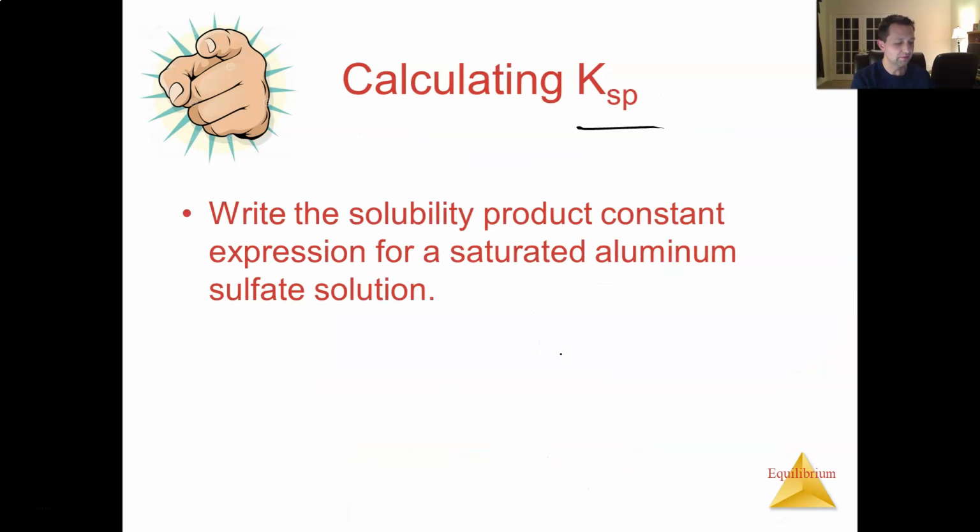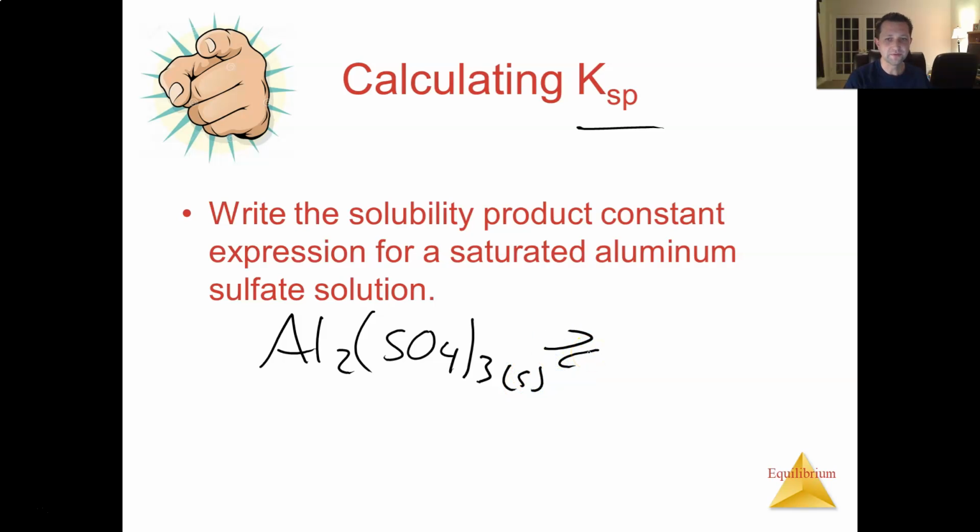Okay. Aluminum sulfate is Al2(SO4)3, and it's saturated, so we have our double arrow. It breaks up into 2 aluminum ions and 3 sulfates. So Al2(SO4)3 solid yields, with our equilibrium system, 2Al+3 plus 3SO4-2.